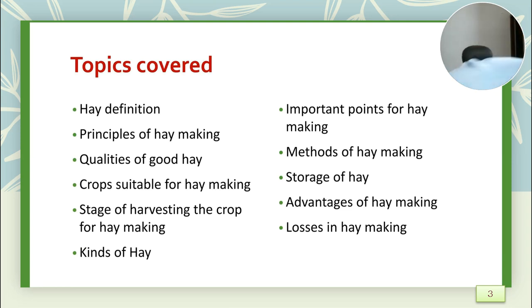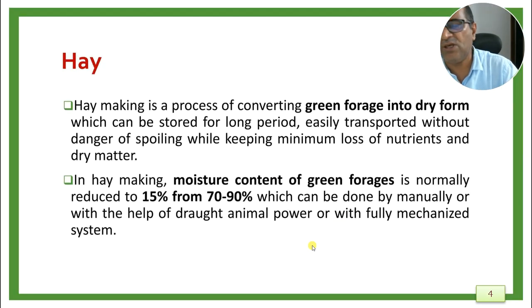Different methods are there, and we are going to tell about those methods, as we told yesterday about the preparation of silage and haylage. This chapter also considers the methods of hay making and storage, advantages of hay making, and other factors like losses in hay making.